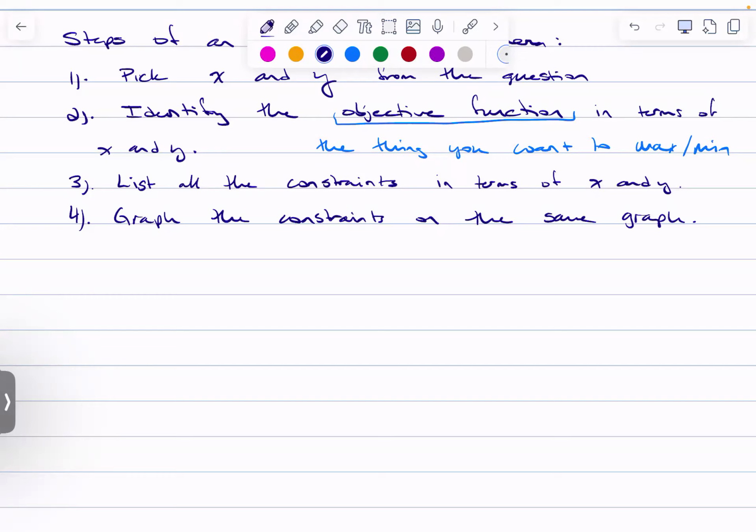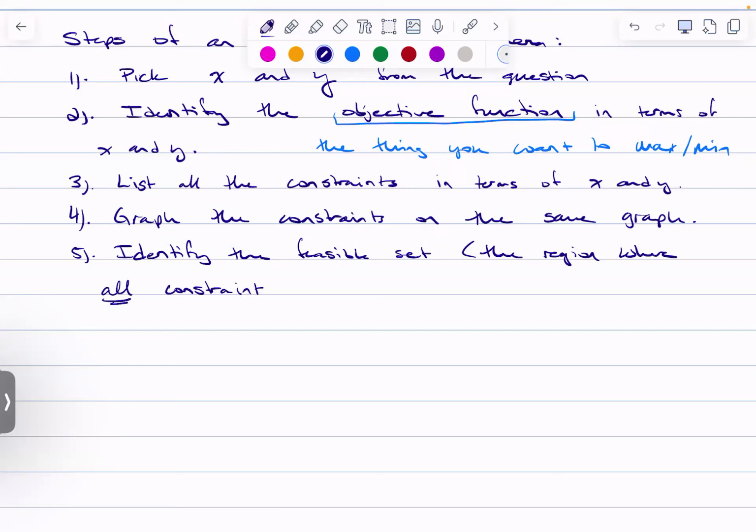That's the feasible set. So 5, identify the feasible set, which is the region where all constraints, so it has to be all constraints, are satisfied.